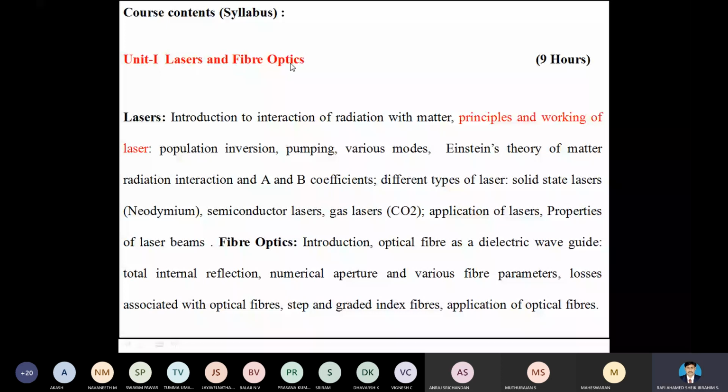Again, we have to consider introduction for fiber optic, then fiber optic principle, then fiber optic parameters, and finally its application. So these are all the topics we are going to study from unit number 1, lasers and fiber optics or optical fiber.